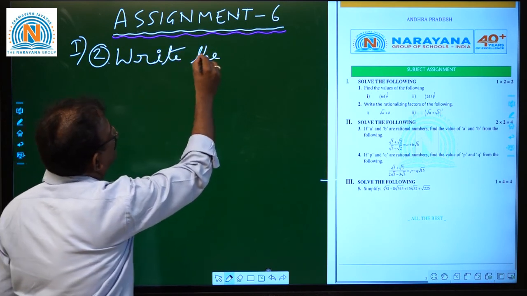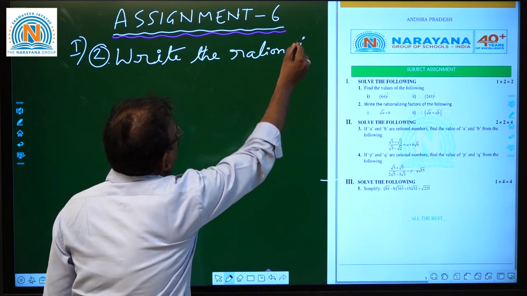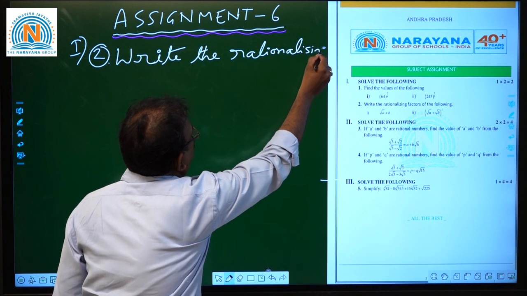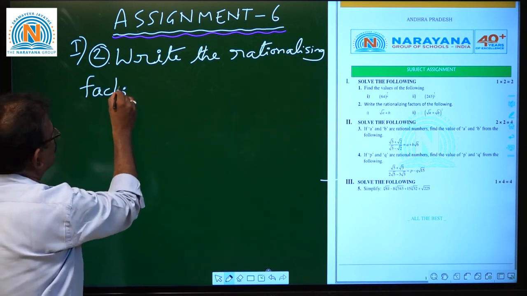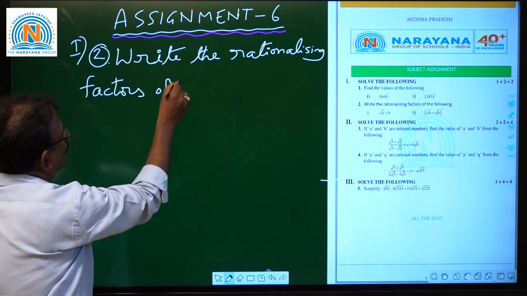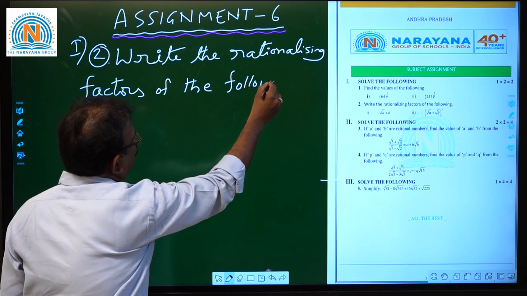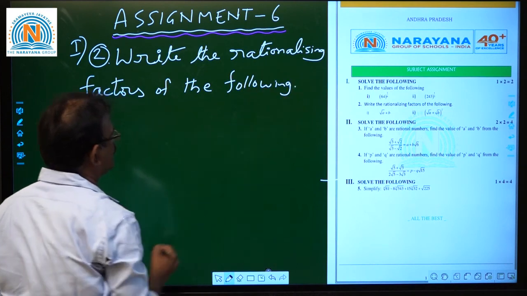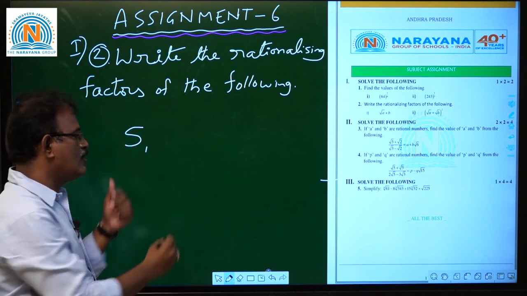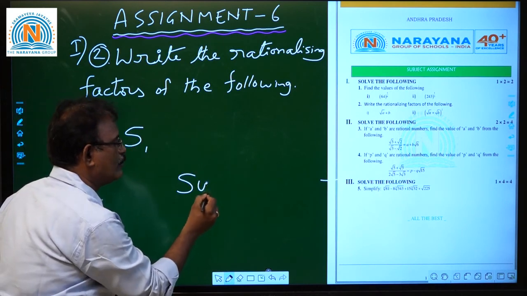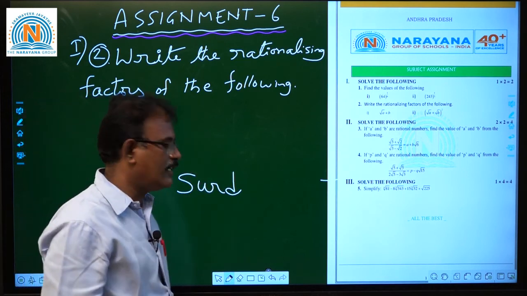As you know, children, an irrational number is denoted by S, like surd, another name for irrational number.